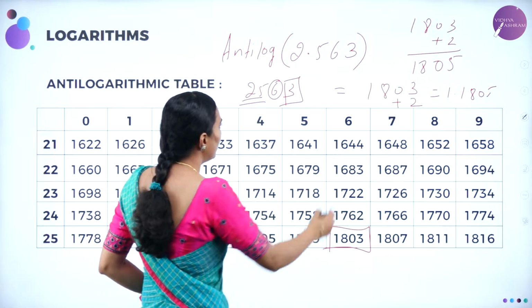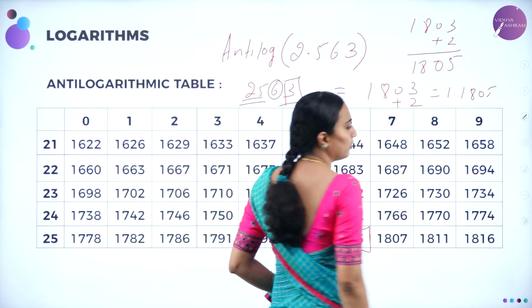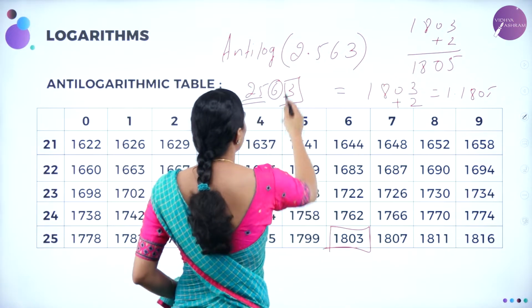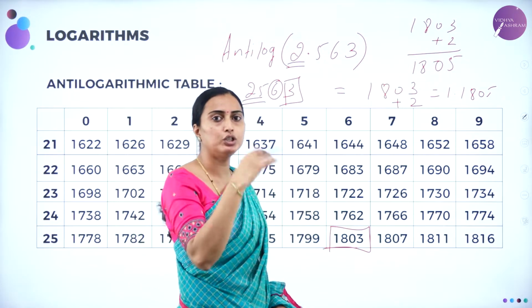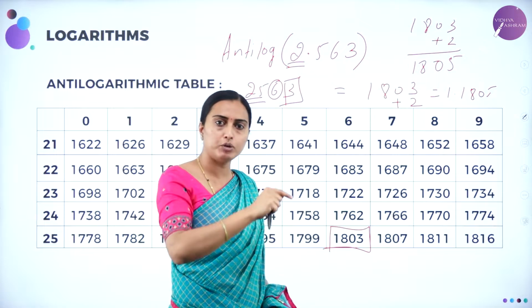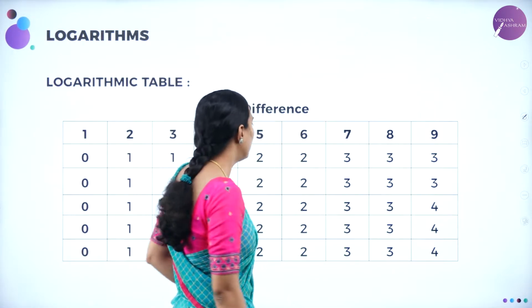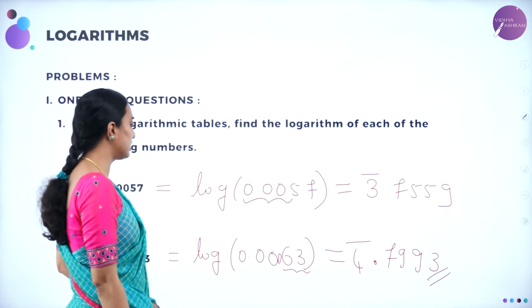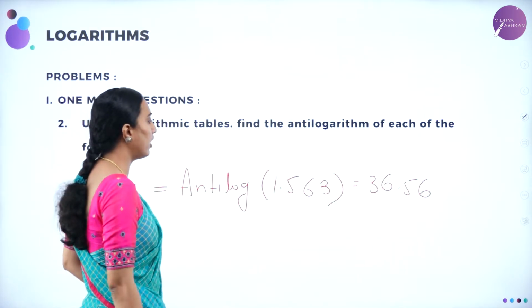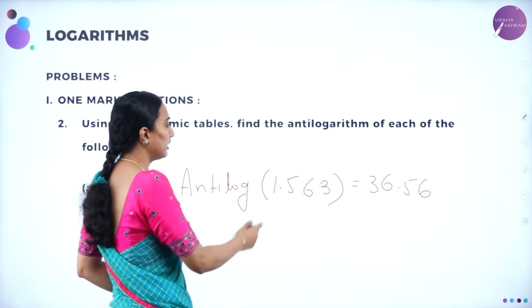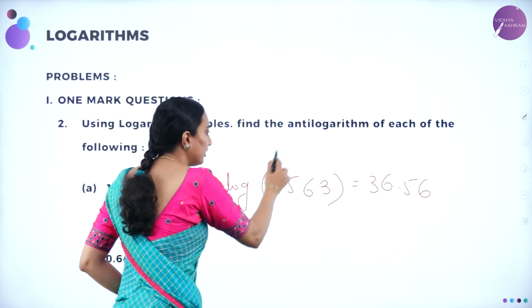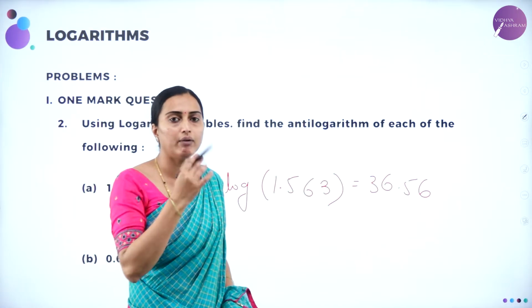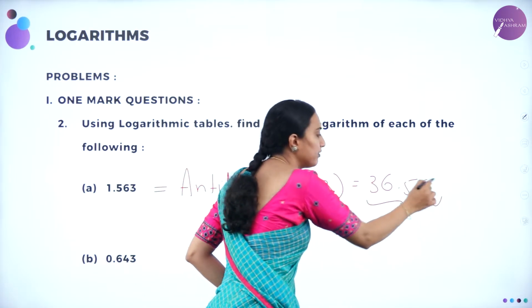Here what I have taught you, 2 decimal, 11.80 you are going to have it as, not 1 point, because 2 decimal you are going to have. After the 2 characteristics you are going to put the decimal point. So the anti-log of 1.563 is nothing but you are going to add 1 characteristics. This is the value, 3656.